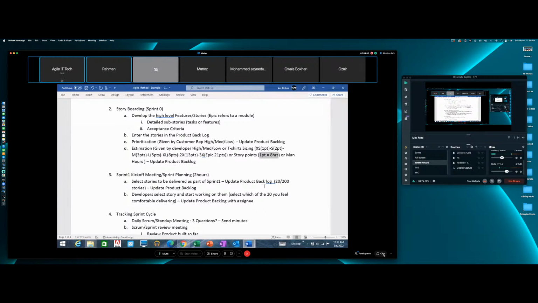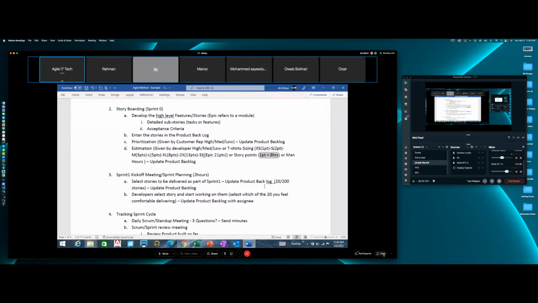Can you fit it? Yes or no? The answer is yes and no. It depends. Are you dividing this task among multiple developers? If you are, then maybe you can fit it.